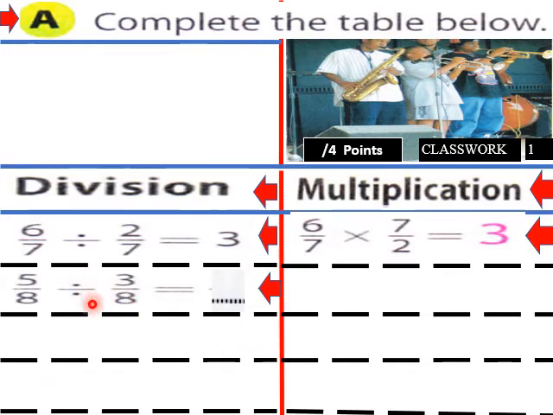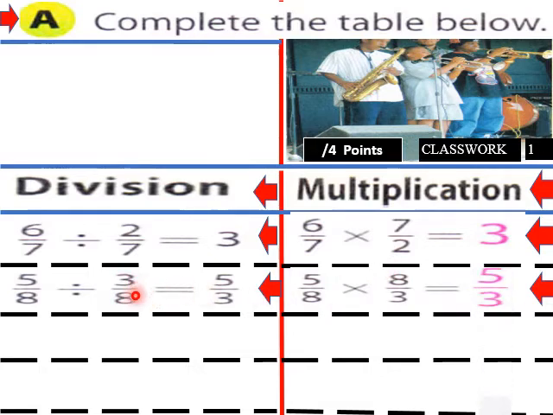And then division, we have 5/8 divided by 3/8. We reciprocate and multiply, and we come up with 5/3. Now if we multiply here, what are we going to multiply? 5/8 times 8/3, which is the reciprocal of that. We get, guess what? 5/3. Ta-da! You see what's going on here yet, students?